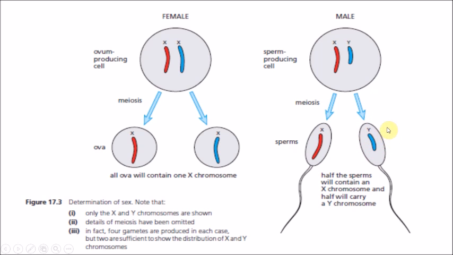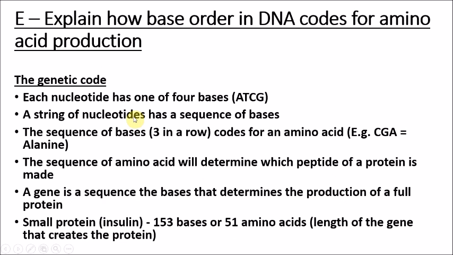And that's making haploid cells by the process of meiosis. Meiosis only occurs in the body in the gonads, which is your testes if you're a male and your ovaries if you're female, and it's all about making gametes. Meiosis, gametes. So objective E is to explain how base orders in DNA code for amino acid production.